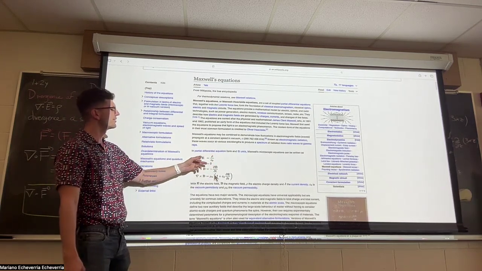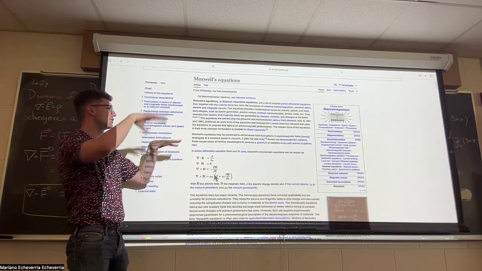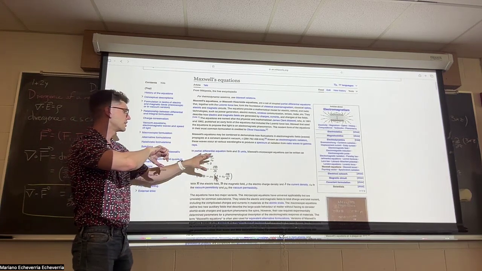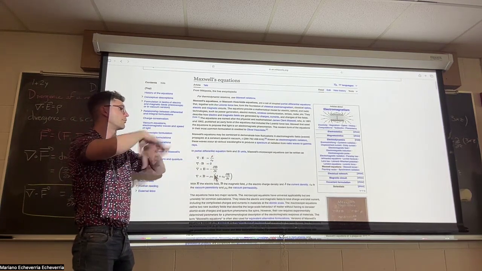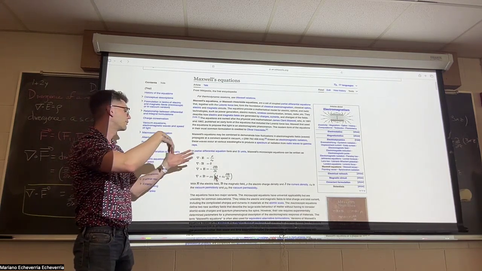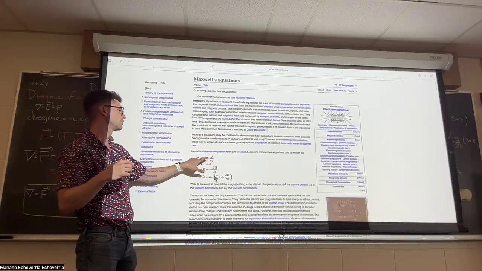What you interpret that to mean is that the electric field is a field which you can think about as analogous to a fluid, and the electric charge produces or destroys the fluid, which is the electric field. If it's a positive charge, that's positive divergence.